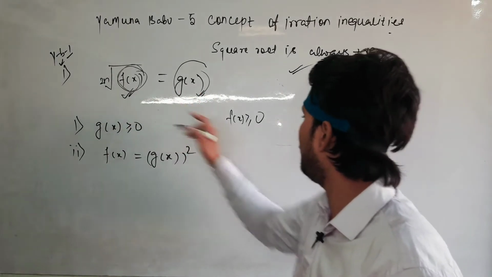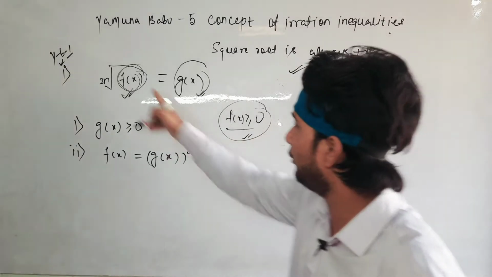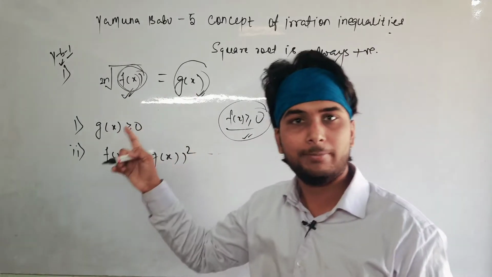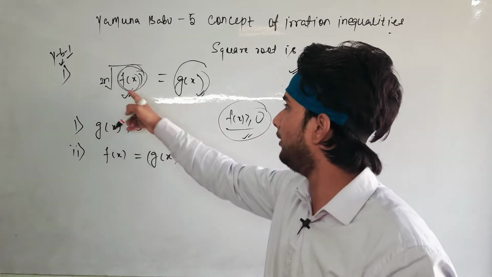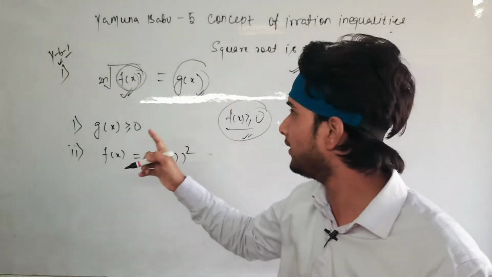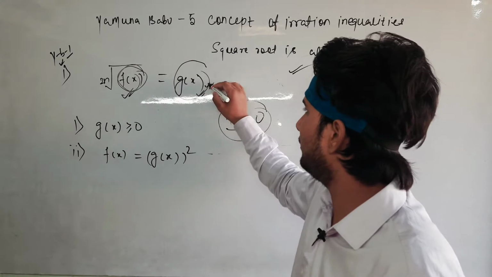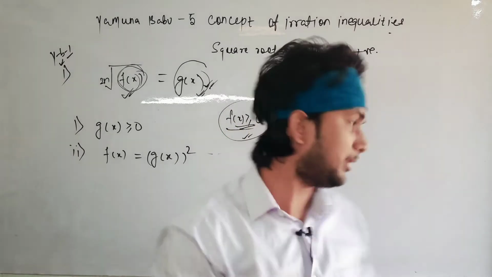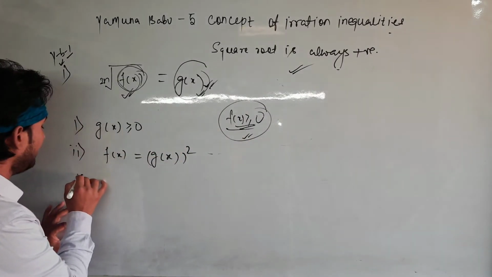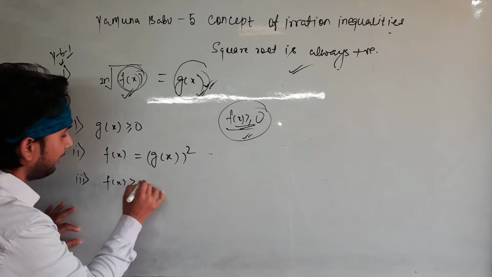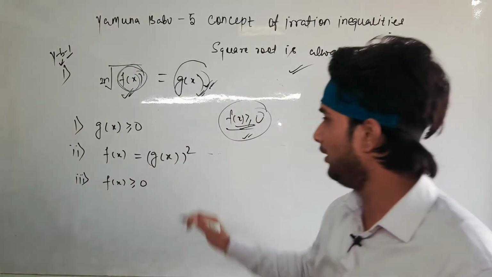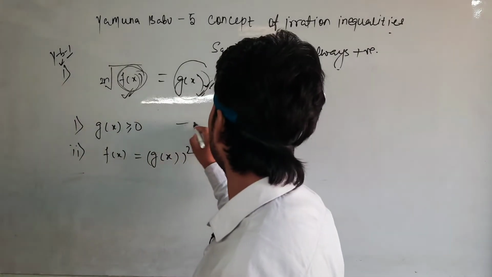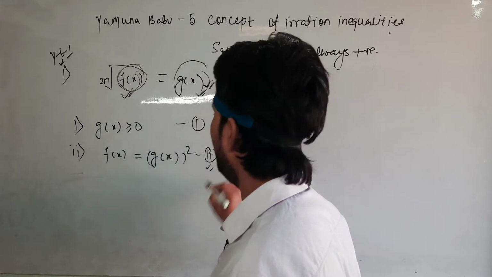Then there is no need to again say f(x) is greater than or equal to 0. If you wish, you can apply it, but why should we add more conditions? It is simpler to solve just the first and second conditions.